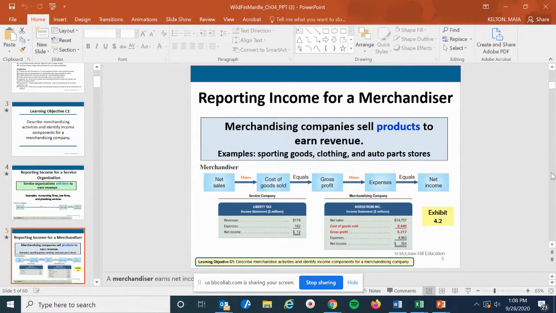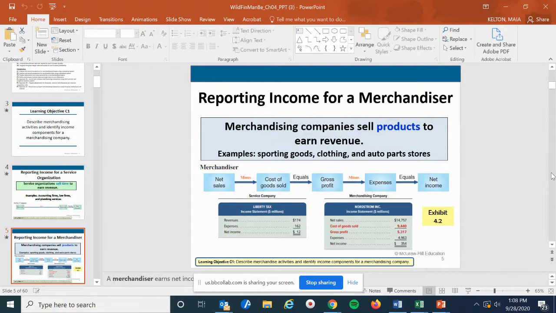So the revenue reported by a merchandiser would be called sales revenue. There's a huge difference between reporting revenues for a service organization and reporting revenues and eventually income for a merchandiser. When we're working with the financial statements of a merchandising company, we will learn how to calculate net sales.